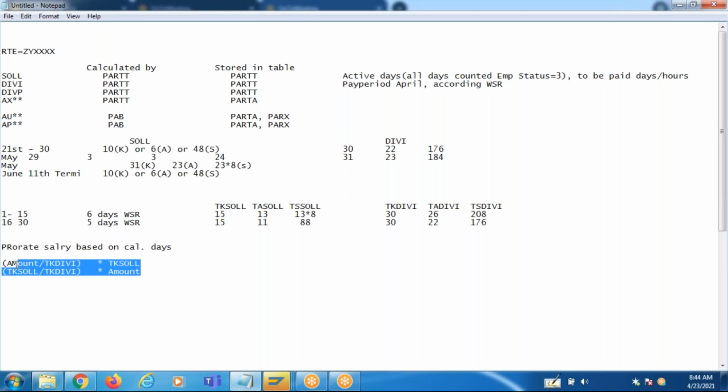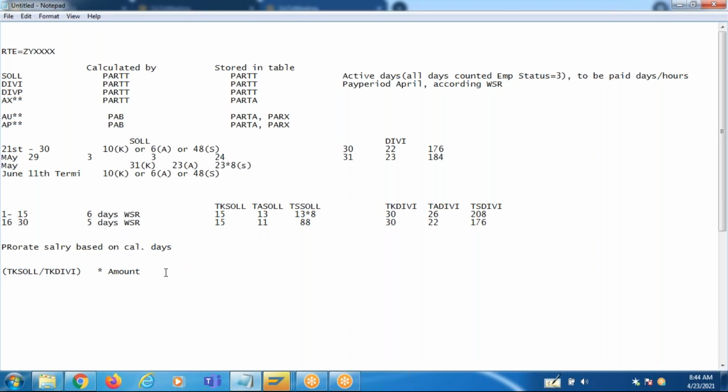Yes, sir. So prorate in terms of calendar days. This is the method we normally use. You understand this? Both are same or not? Agreed? So this divided by this into amount.